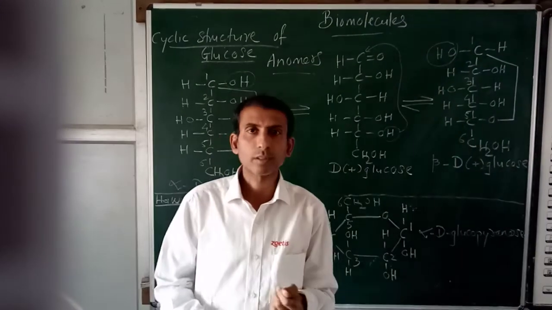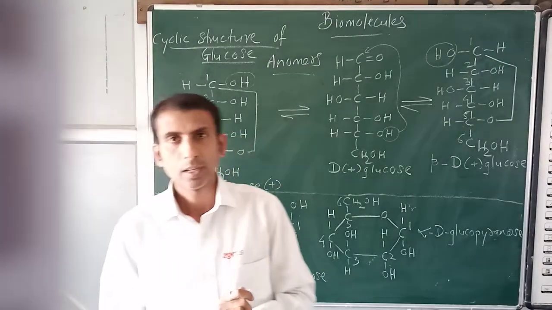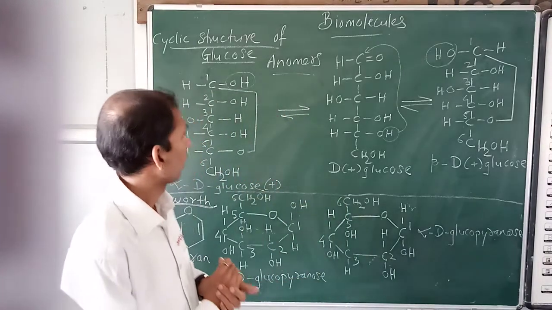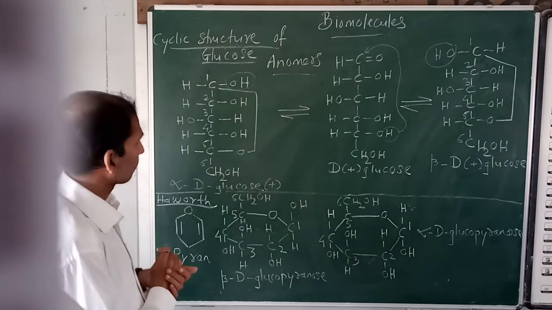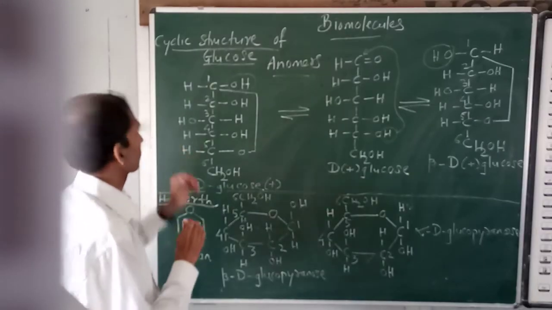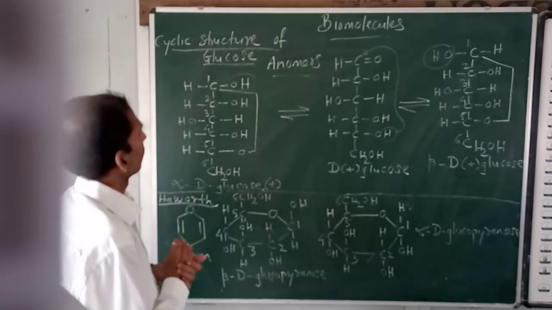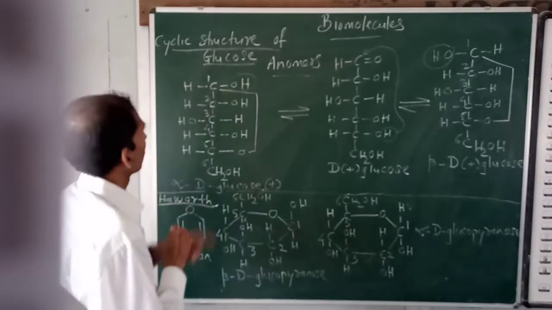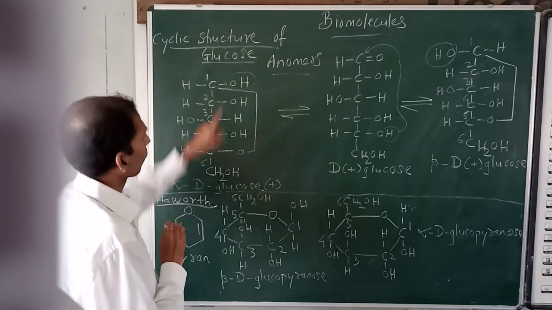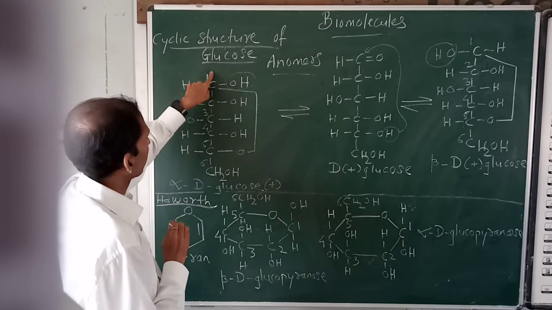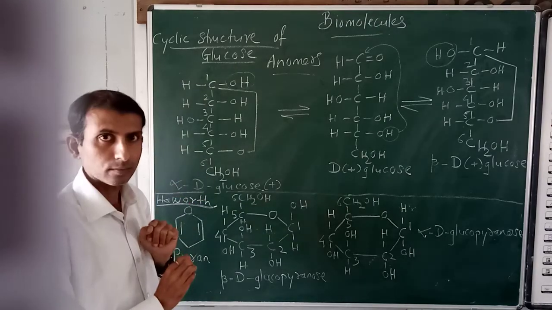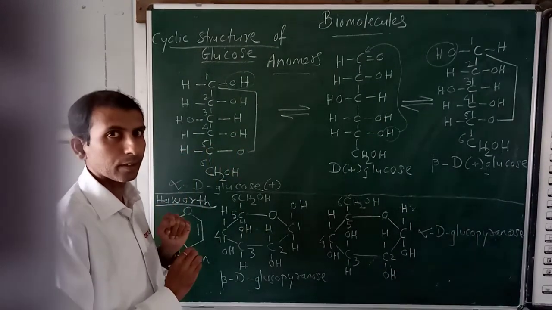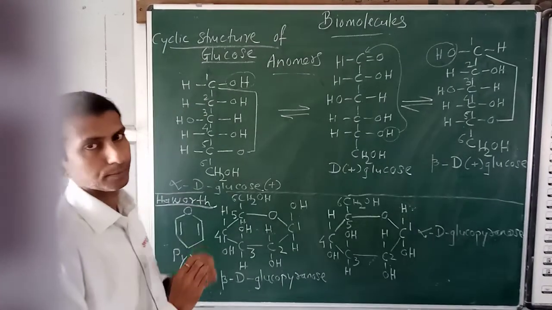Now what are anomers? We have studied the concept of isomers. We have been studying from 11th standard. Anomers here means for glucose, when the two structures are differing in the configuration of OH group on the first carbon atom in the glucose molecule, but their molecular formula is same, then they are called as anomers.